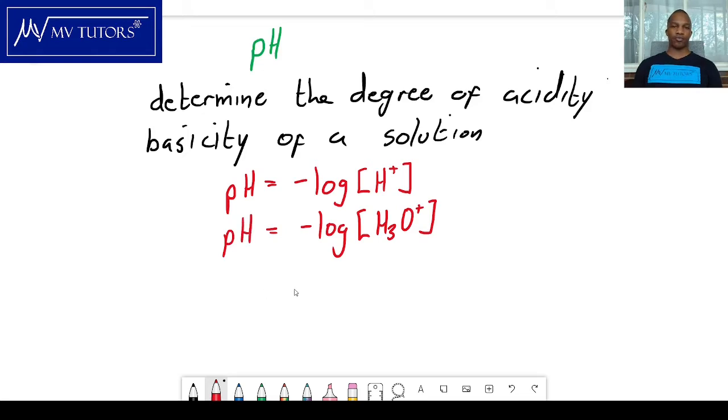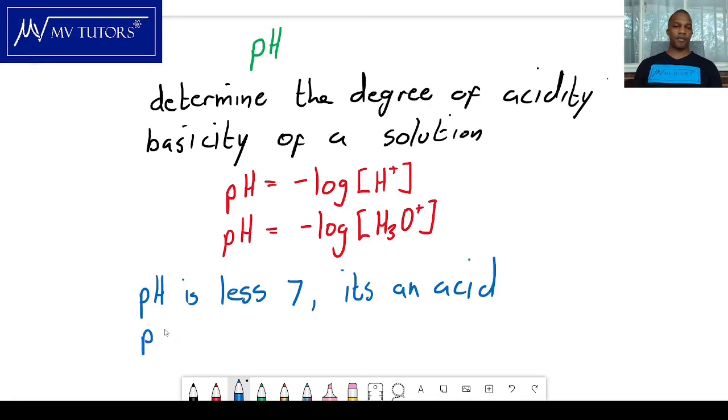Okay, so I also want to bring your attention to this, that if your pH is less than 7, it's an acid.